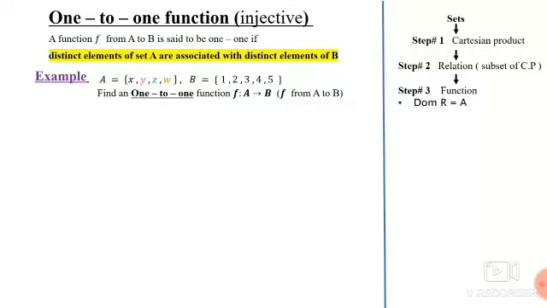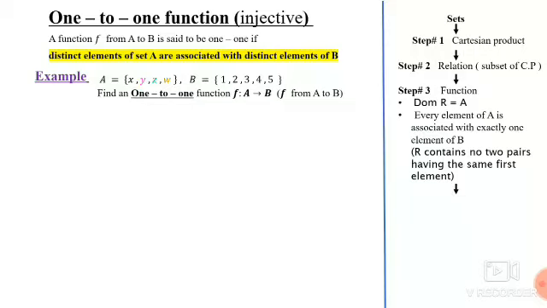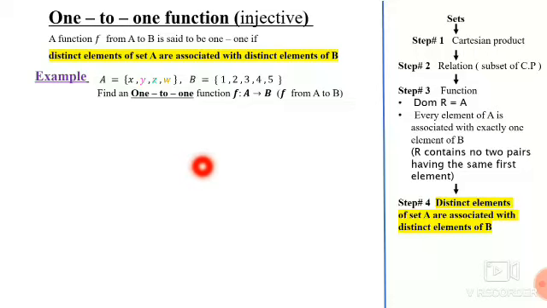If it satisfies the conditions for being a function, then it will be a function. Fourth step is to check whether the condition for being one-to-one function is satisfied or not. The condition for being one-to-one function is distinct elements of set A are associated with distinct elements of set B.